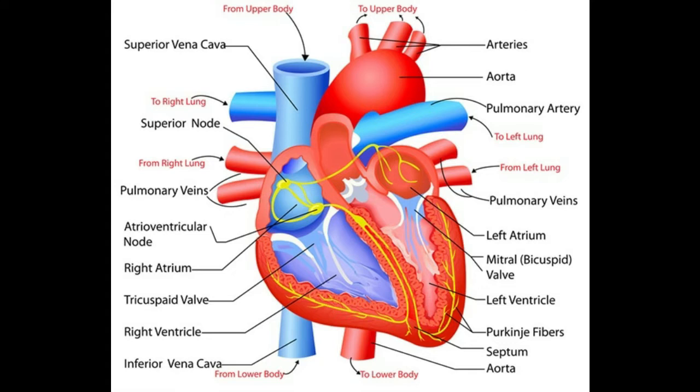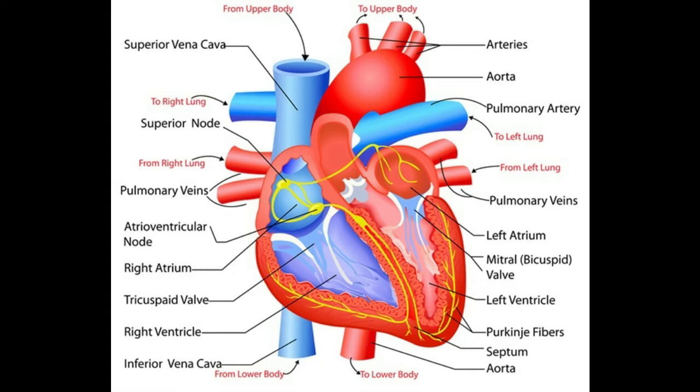The heart has four chambers. The upper two chambers are called as atrium and the lower two chambers are called as ventricles. The heart is vertically separated in two parts by the muscular layer called as septum. We can say this septum separates the right and left portion of the heart.